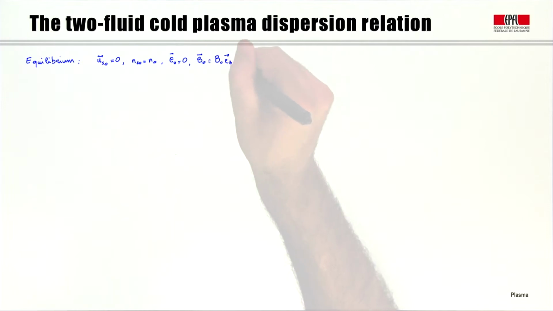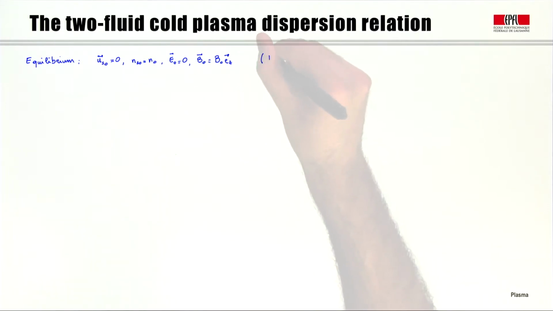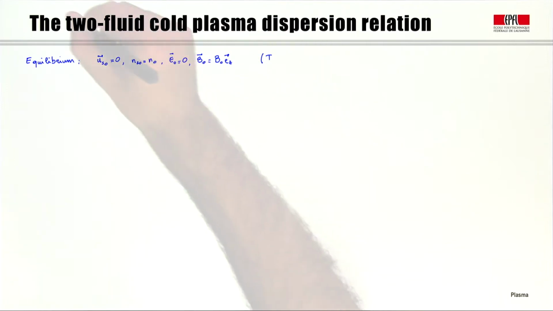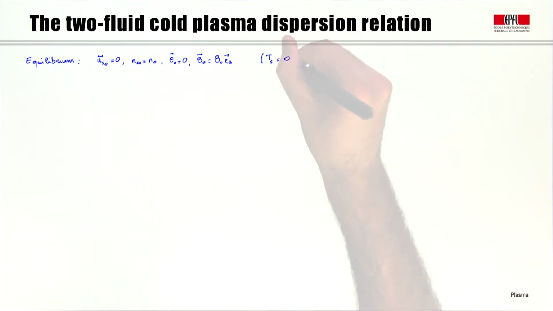As we are considering the cold plasma dispersion relation, I just remind you that we will assume both equilibrium and perturbation of the temperature equal to 0.